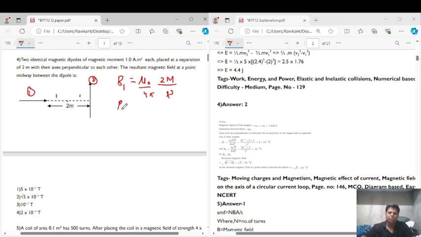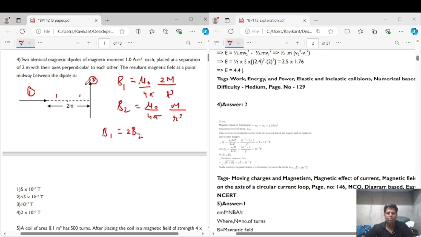And for B2, that is for this magnet, the point lies on the equatorial line. So for the equatorial line, we have the magnetic field as mu naught upon 4 pi into m upon r cube. So from here we can say that B1 is equal to 2 times B2.